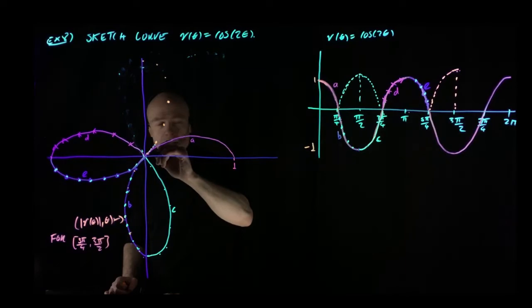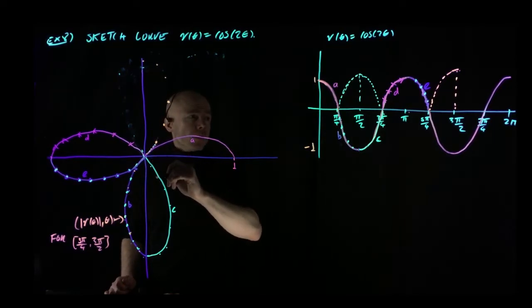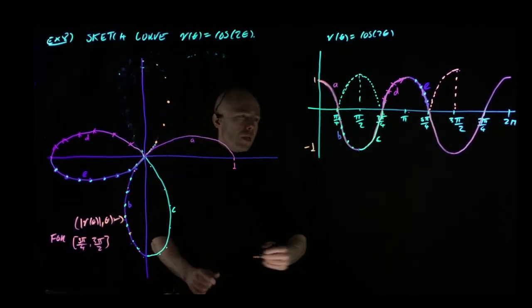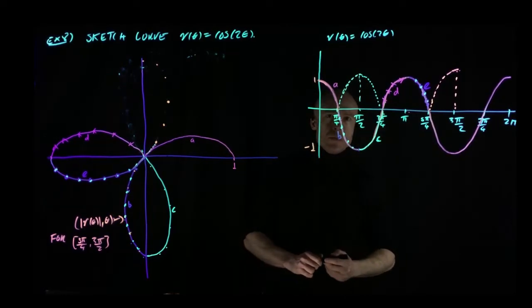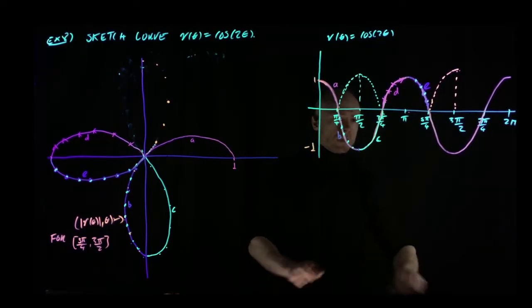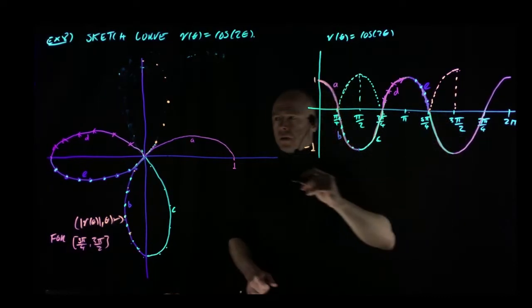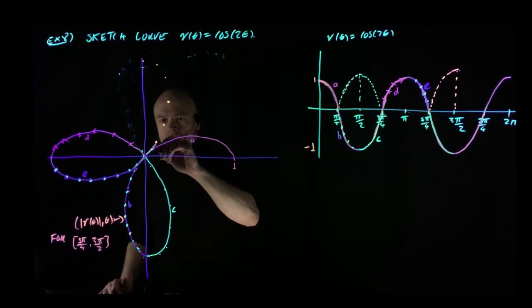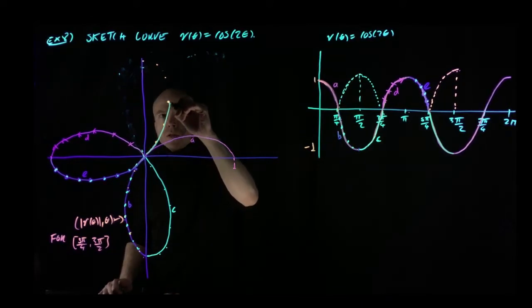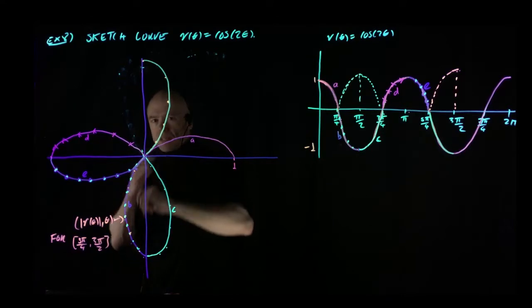So what we actually have, what color am I going to choose? Let me choose the green color. When we do this part right here, then we are actually doing this part right here. Like this. Okay.